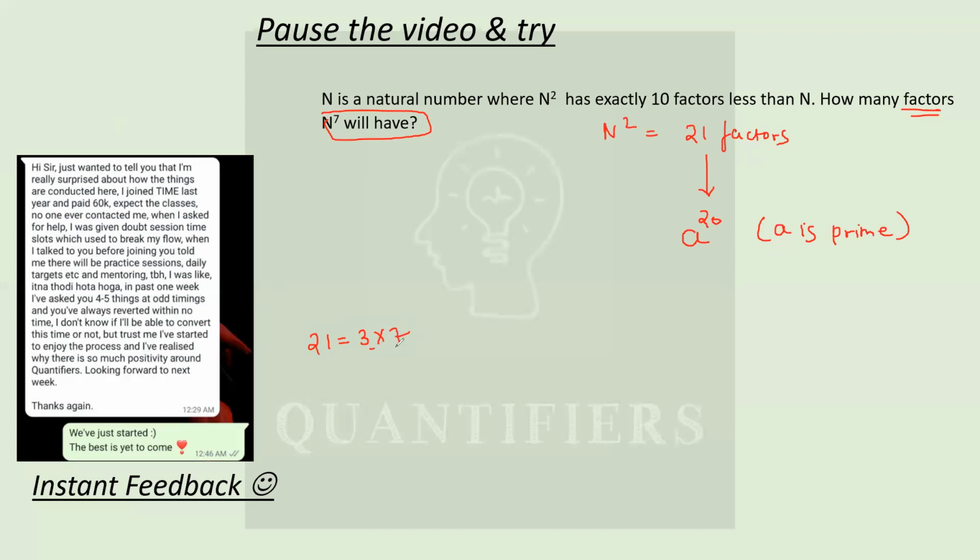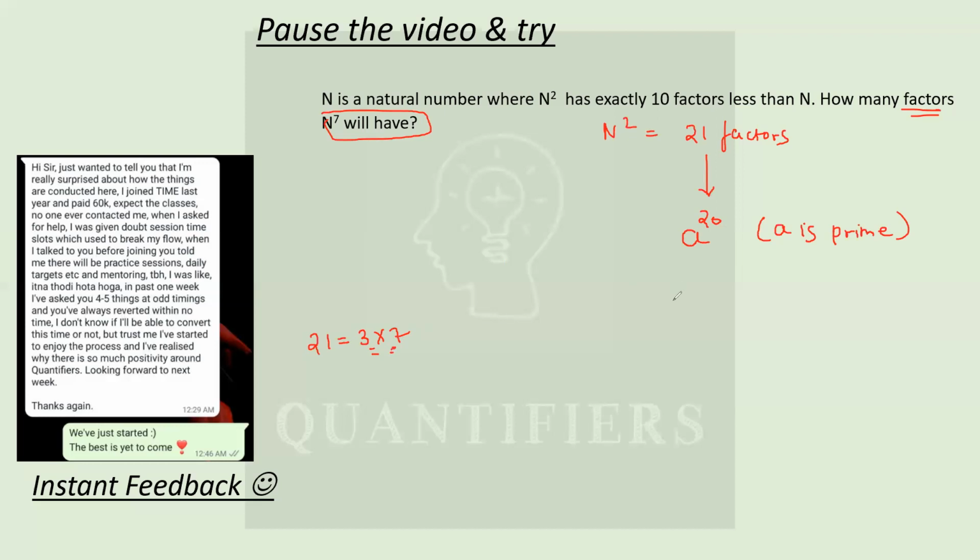Students, this 3 and 7 we are getting after increasing the powers by 1. I hope आप लोगों को याद है नंबर ऑफ फैक्टर्स कैसे निकालते थे. जब हम प्राइम नंबर्स की पावर को 1 से इंक्रीज करते थे और उनको मल्टीप्लाई करते थे, then we used to get number of factors. So basically this 3 and 7 we are getting when we are increasing the powers by 1.